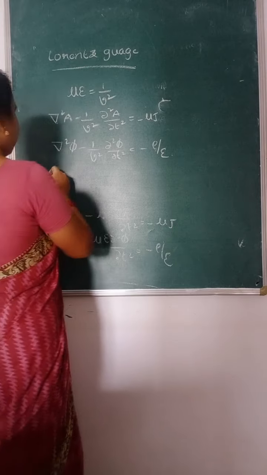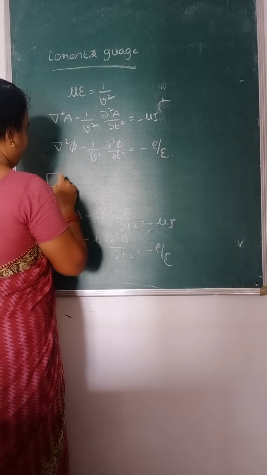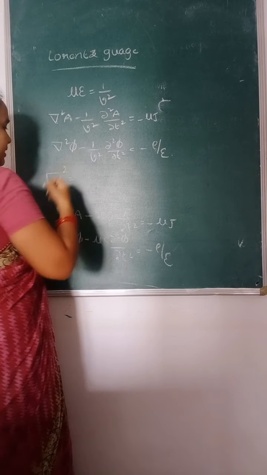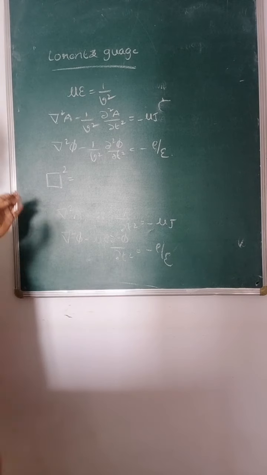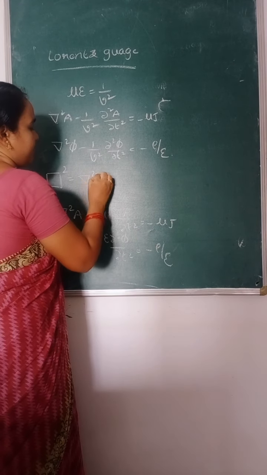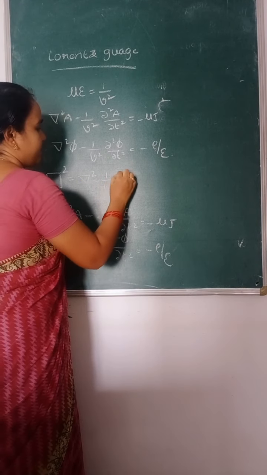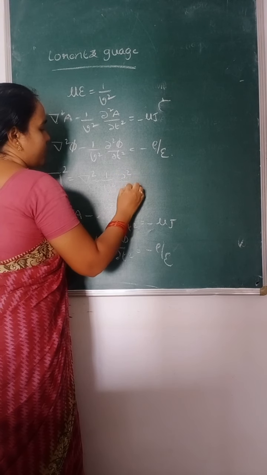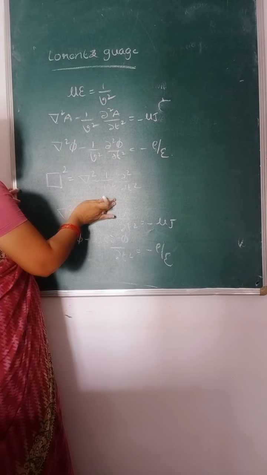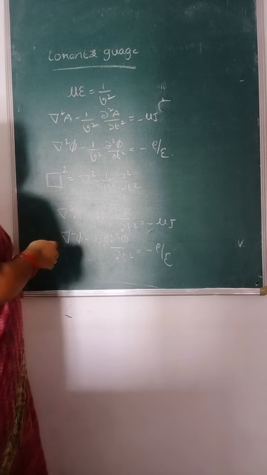Now introduce the D'Alembert operator. This operator can be written as del square minus 1 by v square dou square by dou t square. Let us denote this term as the D'Alembert operator.